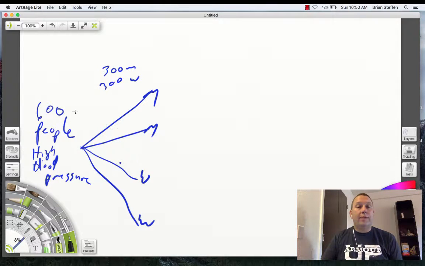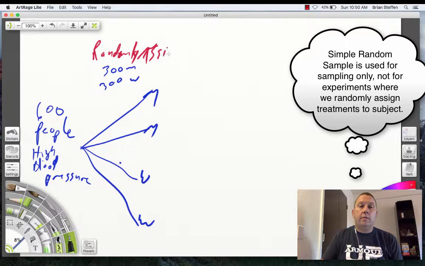So I'm going to randomly assign. Now this is different than a simple random sample. And we need to be very careful when we're doing experiments. So we say randomly assigned, A-S-S-I-G-N. We randomly assign each of the 300 men into two groups of 150.